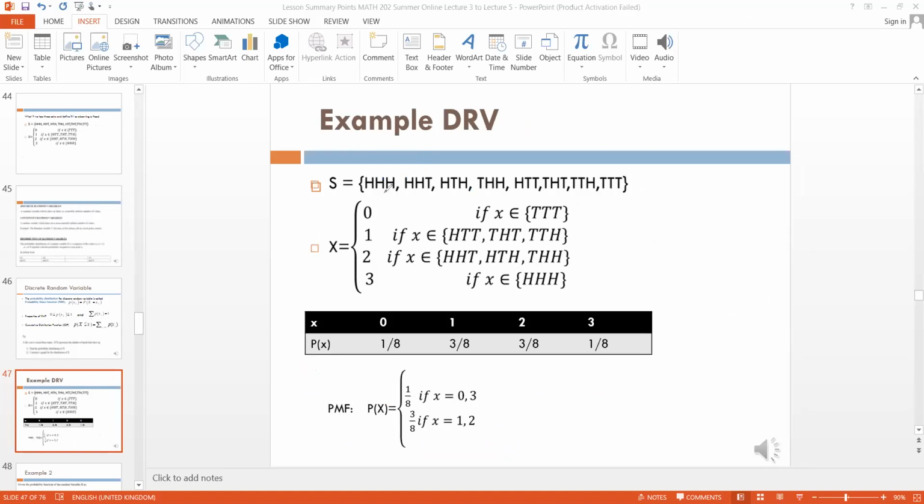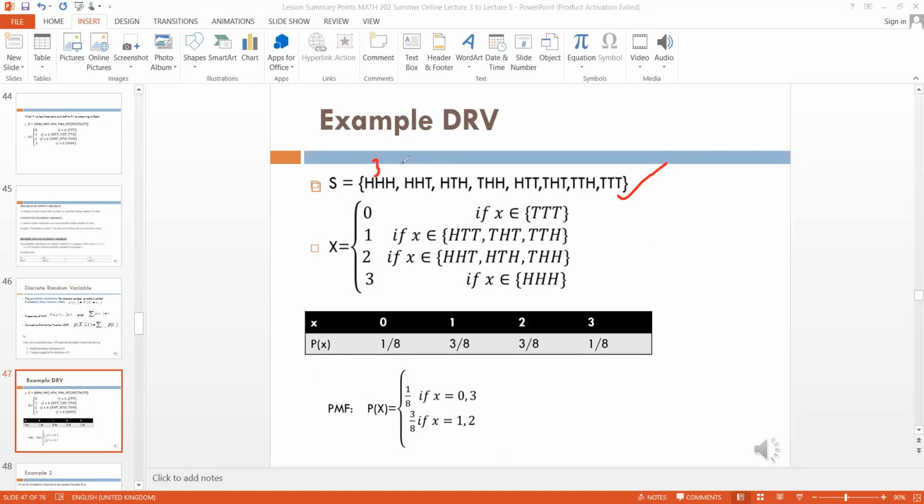Now, all we need to do is to first find our outcomes, which will be head, head, head, head, head, tail, and so on, for 3 coins. Good. So this will be our sample space. Then next, you have to count the number of heads per outcome.